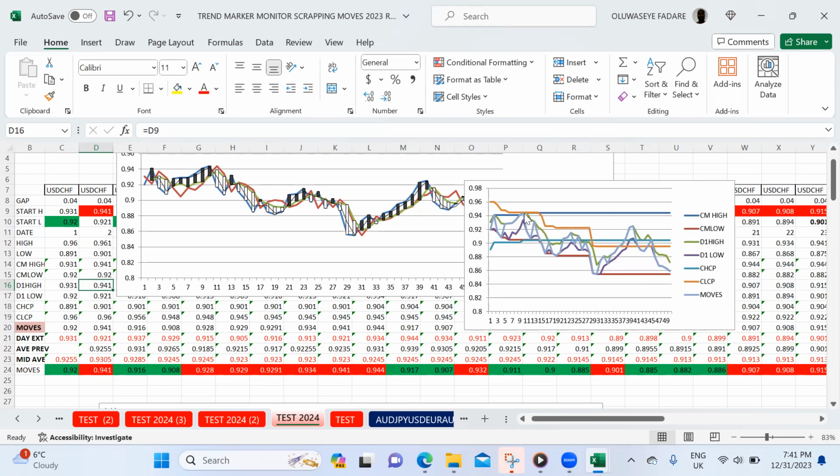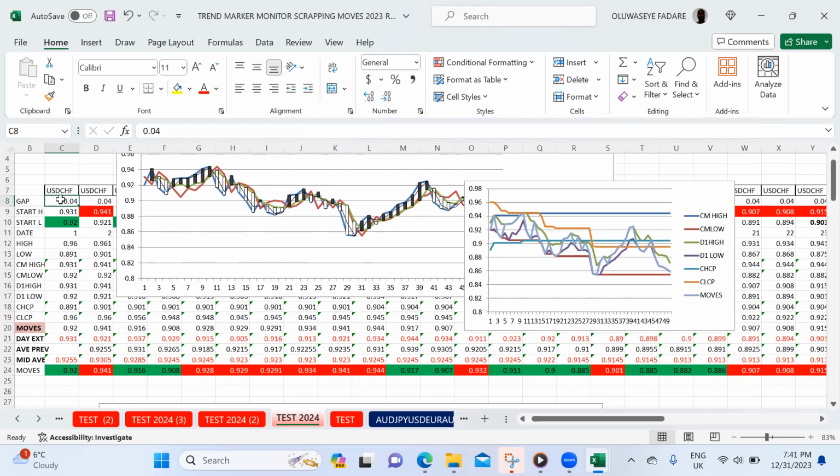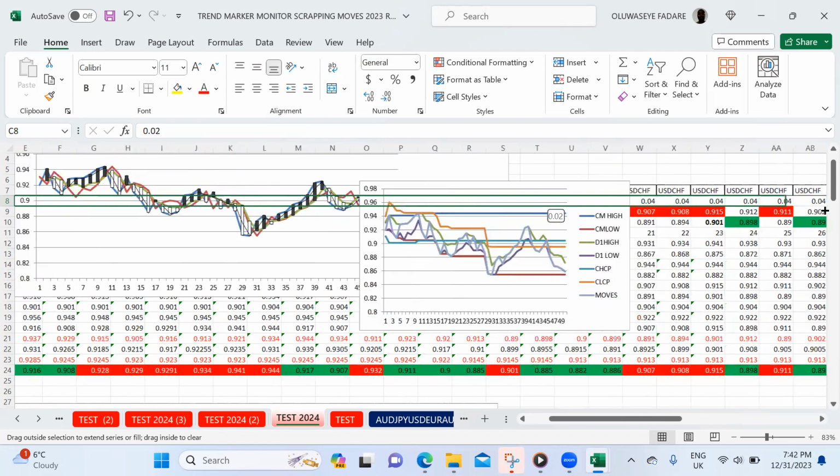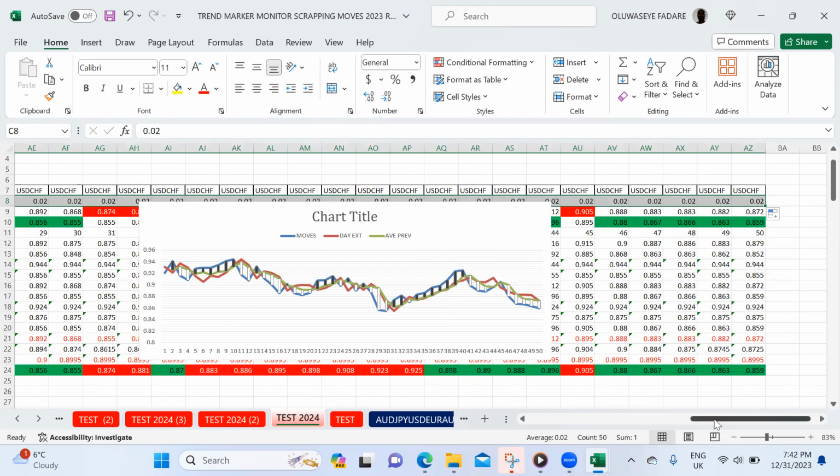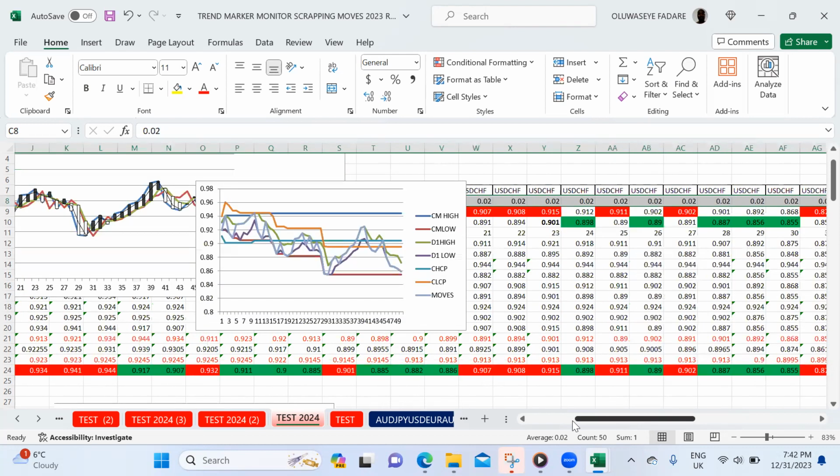If you look at it from this position, at this point, like here, we have a good buy from this point down to this line. For example, just as you are watching, let's assume I change it from 0.04 to 0.02. Let's look at the picture. We see that it moves.